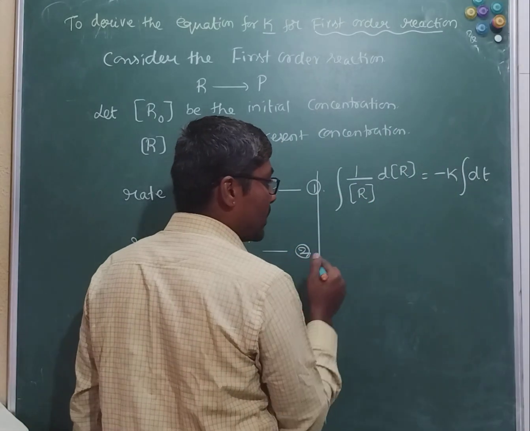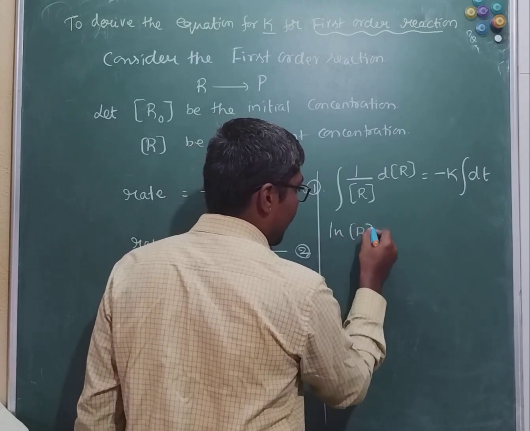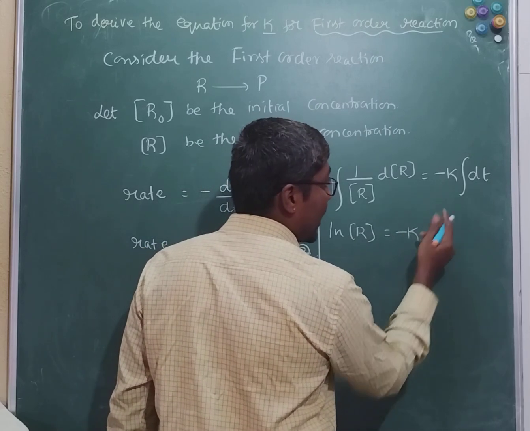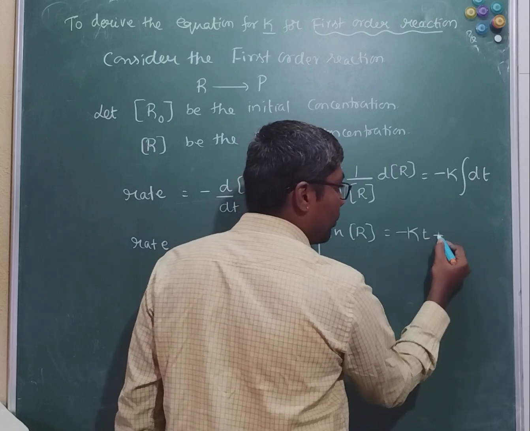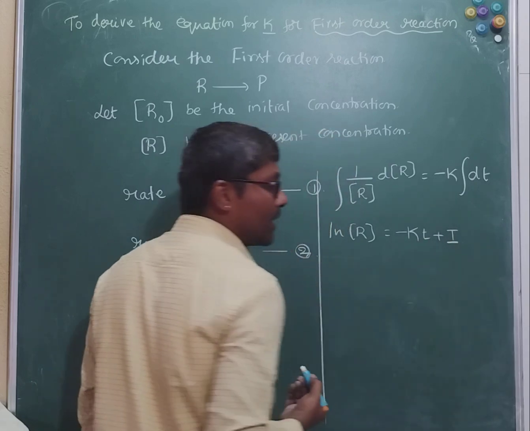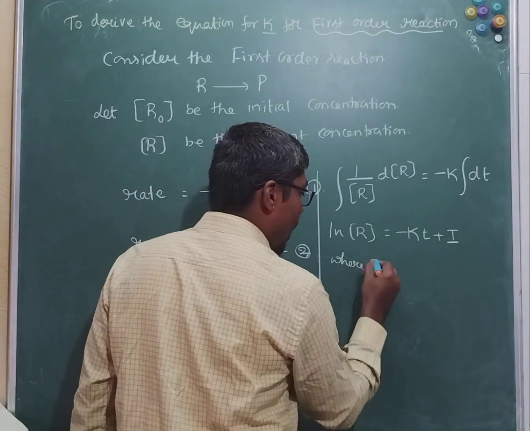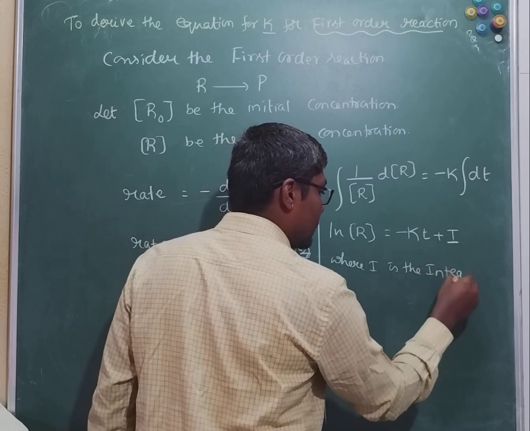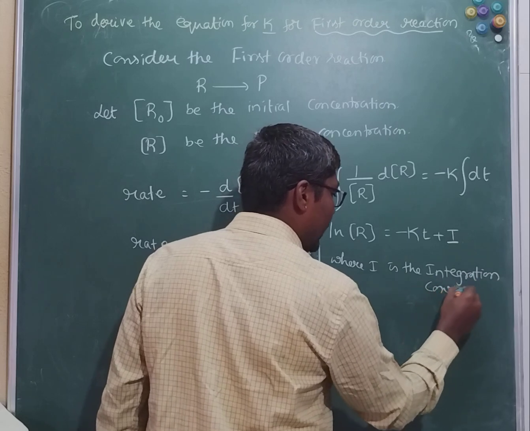So the integration of 1 by concentration of R is ln R, which is equal to minus K. The integration of dt is t plus I, where I is the integration constant.